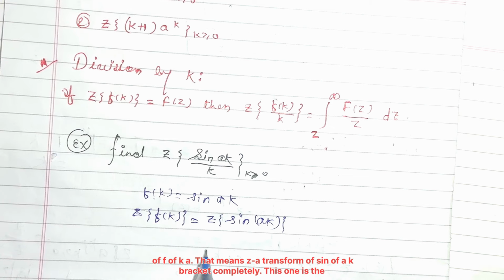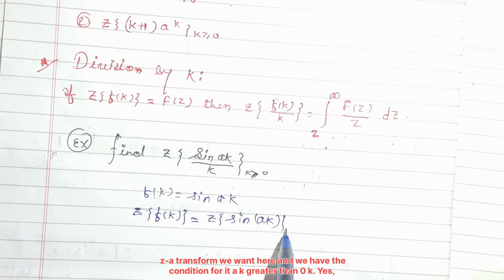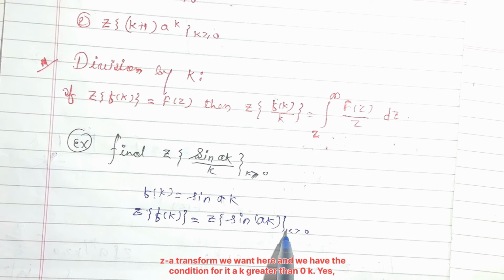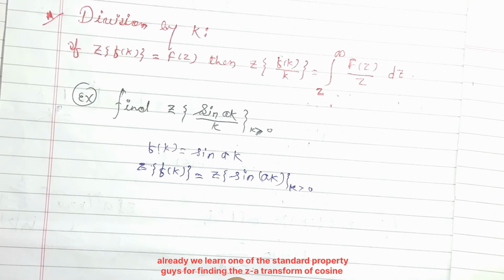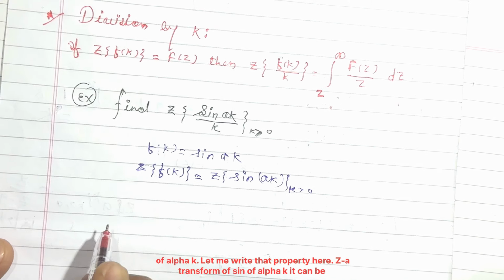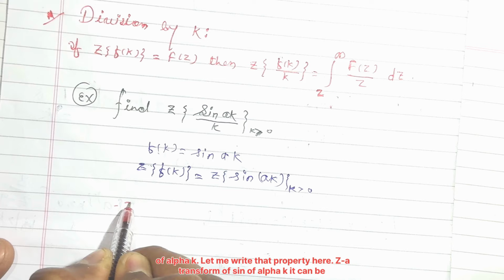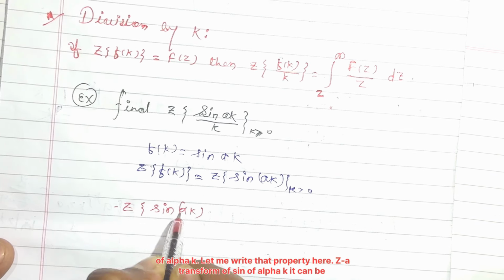This is the Z transform we want here, with the condition k greater than 0. We already learned a standard property for finding the Z transform of sine of alpha k.